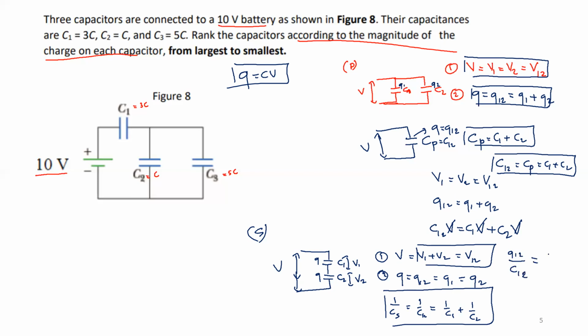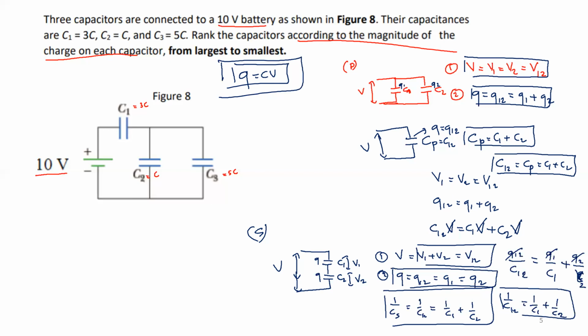What is V1? V1 is Q1 divided by C1, because for any capacitor, I know that Q is CV. So if I want the V, I just take Q1 divided by C1, and that gives me V1, plus V2. V2 will be Q2 divided by C2. But here, as I said, the charge is the same because they are in series. So Q12 is equal to Q1, and you end up with 1 divided by C12 is 1 divided by C1 plus 1 divided by C2.